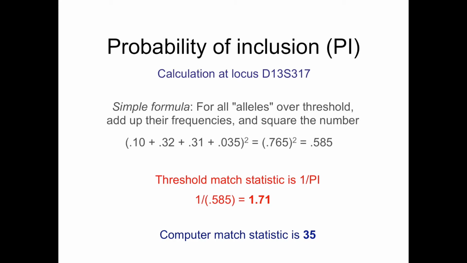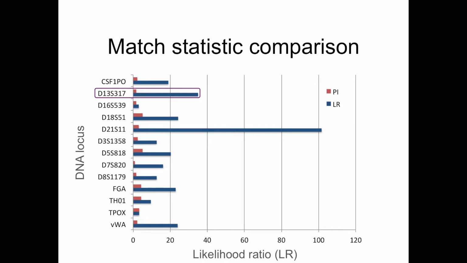But the computer's match statistic at this location was 35. And if you're multiplying numbers like 1 and 2 together, as opposed to numbers like 10 or 20 together, you're going to get smaller weights of evidence when you're done. And that's what we see. So this is the same picture I showed before, but now I've added in red what the match statistic is for 12 of the 13 loci that they analyzed.